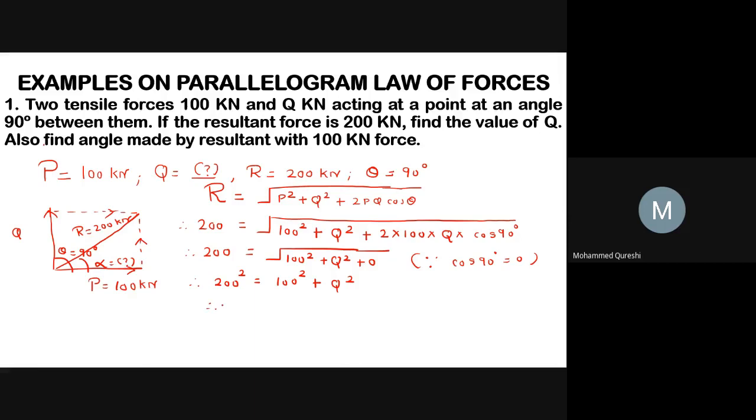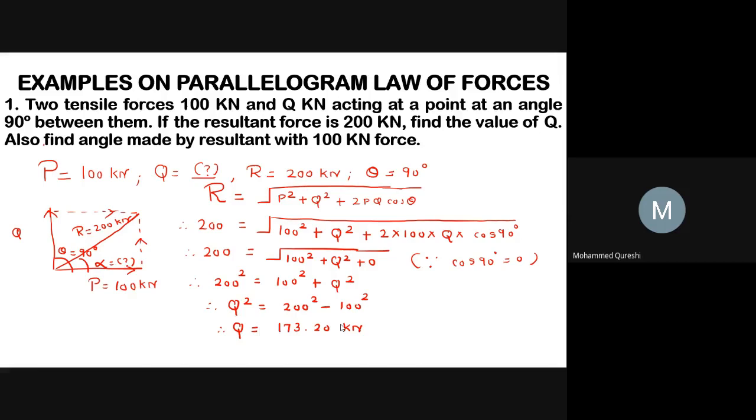Hence, capital Q square equals 200 square minus 100 square. Therefore, the value of Q will be 173.20 kilonewton.